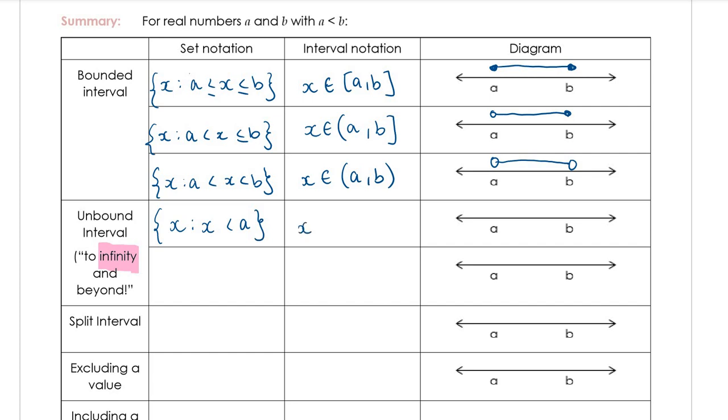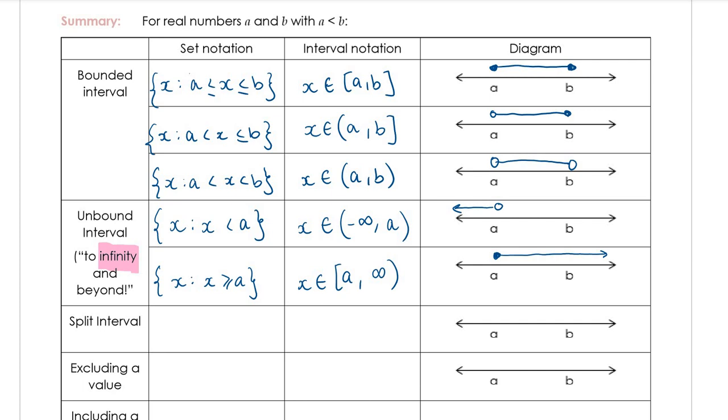In doing that, it's all the numbers that come before a, so all the way to negative infinity and up to a. And I'll still use my open circle, but have an arrow saying, well, I don't have a defined endpoint for this one. Same thing if I was to say, well, actually, x is greater than or equal to a. Well, we'd say a is included in this set, and we go all the way to infinity. So I'd have a closed circle and then going all the way to infinity.